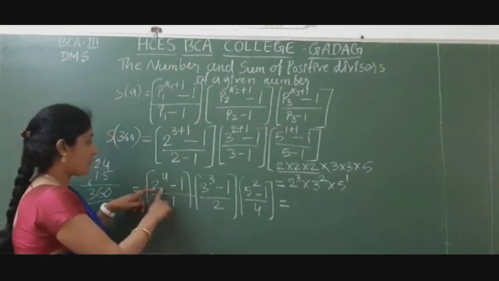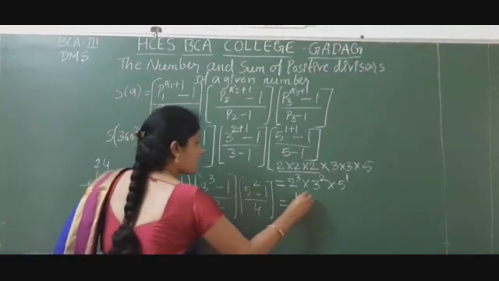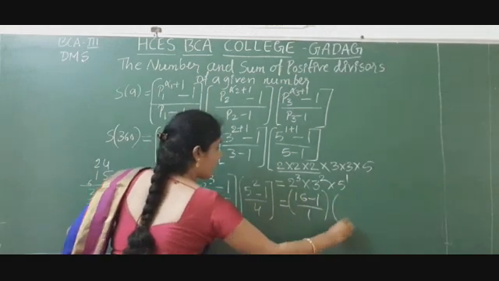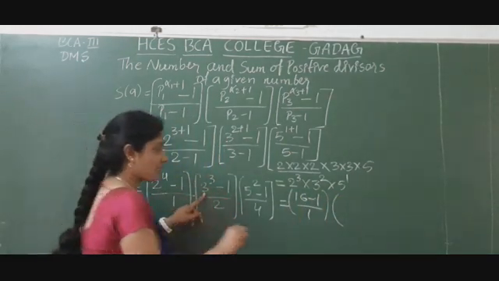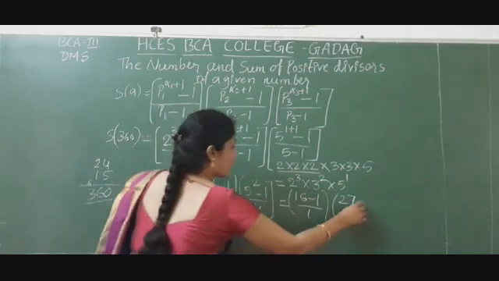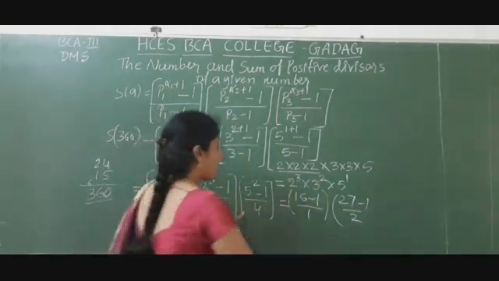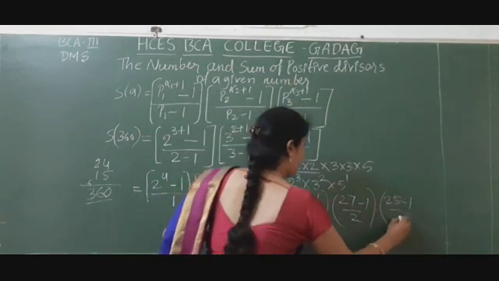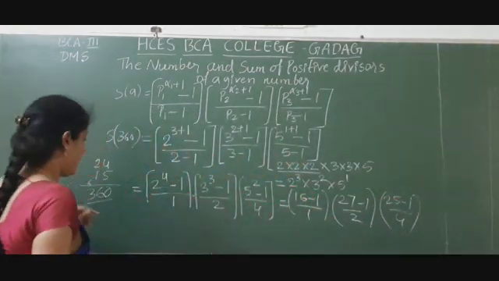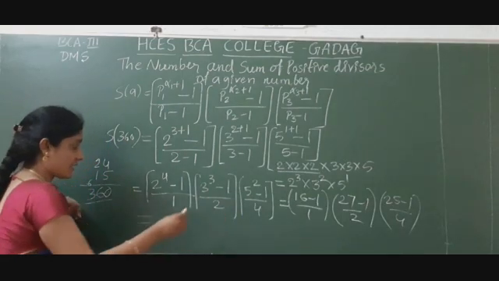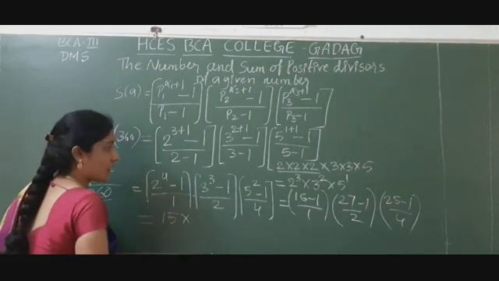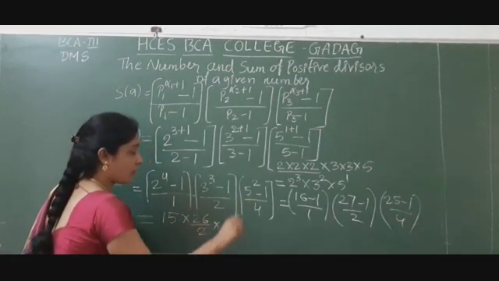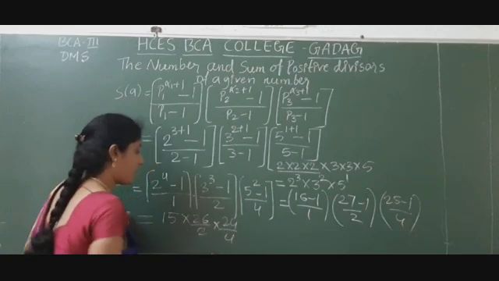So here let us simplify this. 2 raised to 4, that is 16, minus 1 divided by 1, into 3 raised to 3, which is nothing but 27, minus 1 divided by 2. Next, 5 raised to 2, which is 25, minus 1 divided by 4. Now simplify this further. 16 minus 1, that is 15, into 27 minus 1, 26 divided by 2, into 25 minus 1, 24 divided by 4.